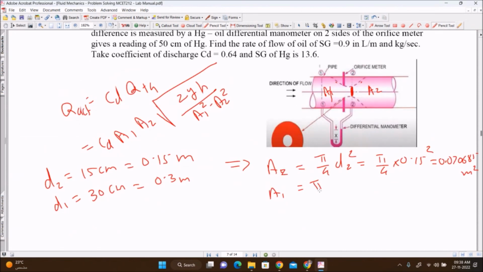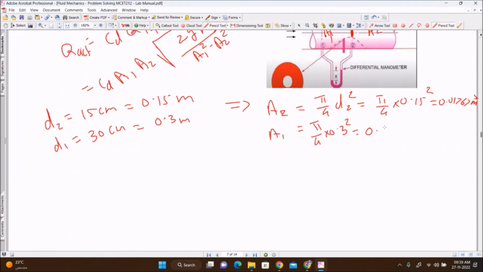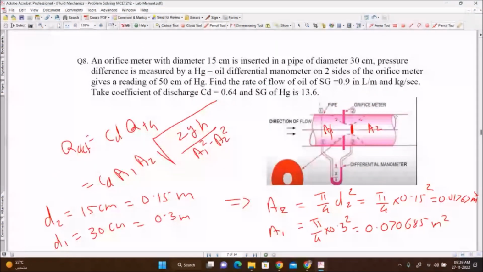Similarly, I can find A1 is equal to pi by 4 into 0.3 square, is equal to 0.070685 meter square.